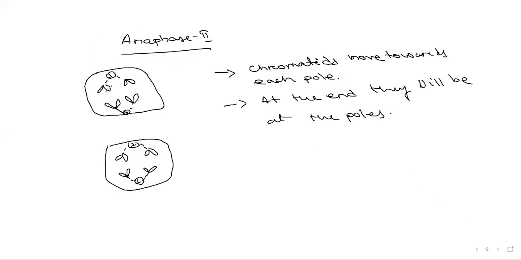As we discussed earlier, between these chromatids there will be formation of interzonal fibers. Here these are the interzonal fibers. Due to the interzonal fibers, they are moving towards each pole.